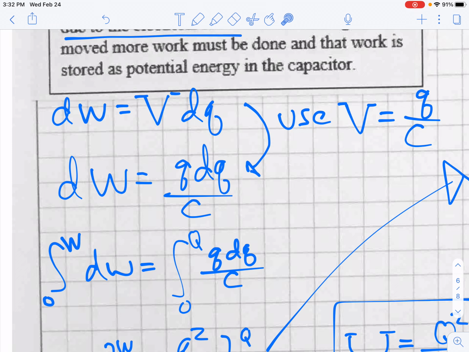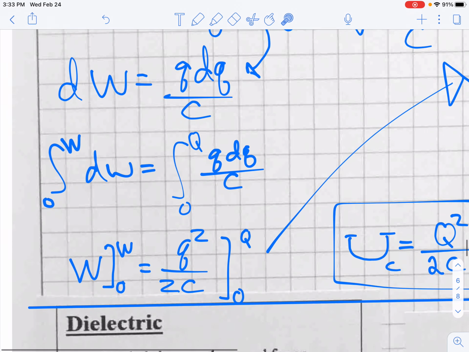In this case, we're looking at the tiny amount of work done to move a tiny charge through some voltage. And the voltage here is Q over C. That's just the definition of capacitance rearranged. Q is not a constant, right? It's changing as we add more charges on there.